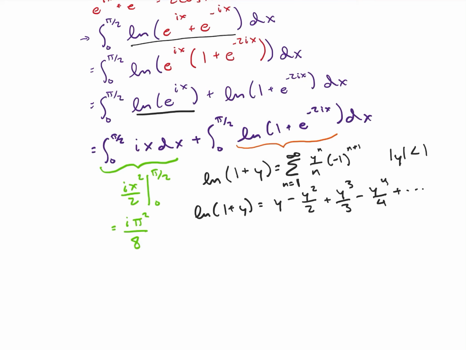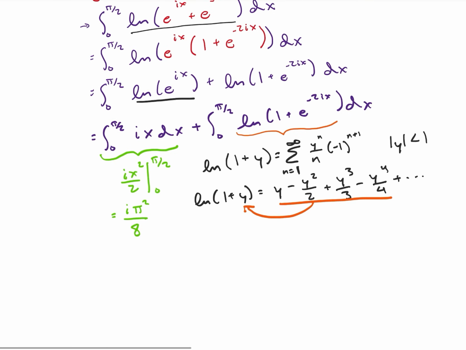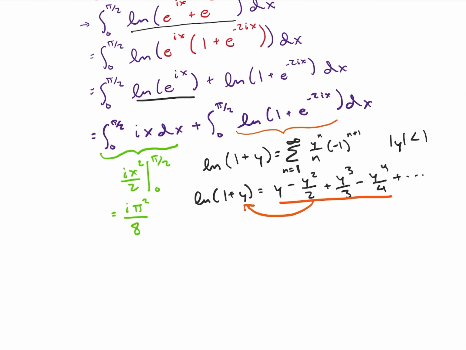If you go into Desmos and plot y, then y minus y squared over 2, then y minus y squared over 2 plus y cubed over 3, and keep adding sequential terms, you'll see that this approximation gets closer and closer to the function. I have other videos where I go into more detail about how we find Taylor series, but for the purposes of this video, let's jump from there.